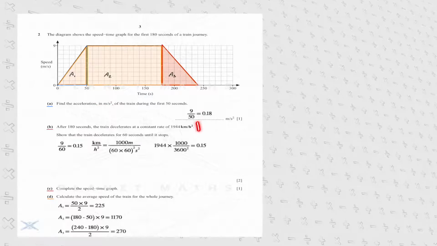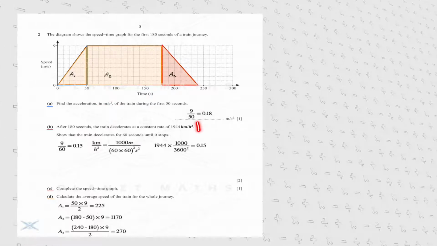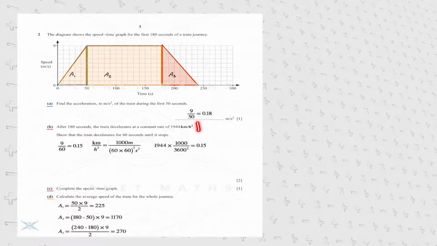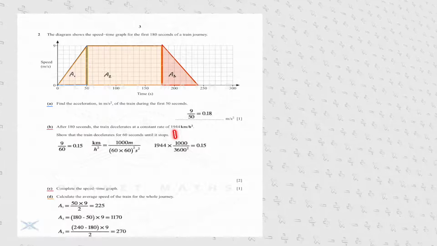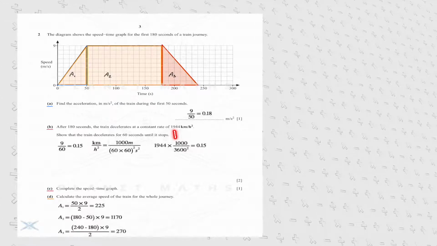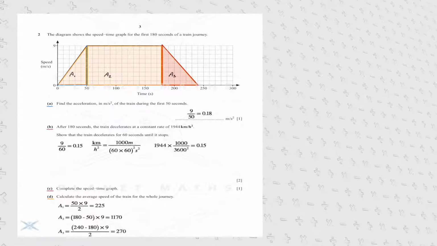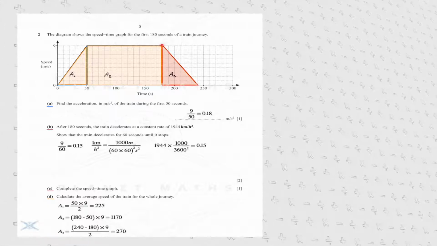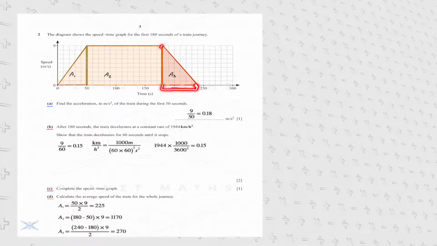Part B states that after 180 seconds, the train decelerates at a constant rate of 1,944 kilometers per hour squared. We are supposed to show that the train decelerates for 60 seconds until it stops. So similar to part A, we are dividing the speed that the train travels at 60 seconds prior to its stopping, meaning that the speed at this stage is 0 meters per second.